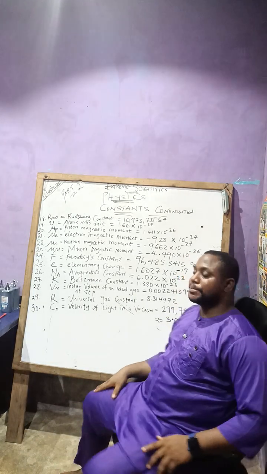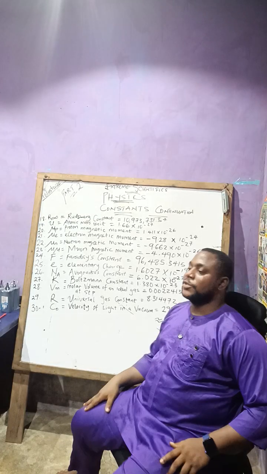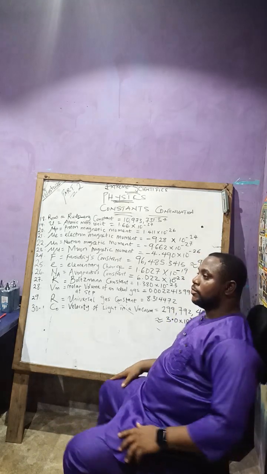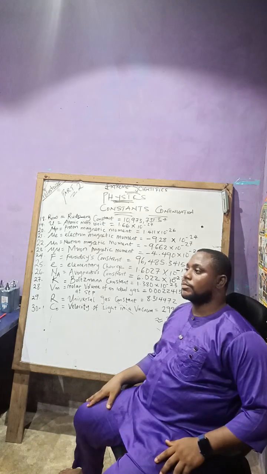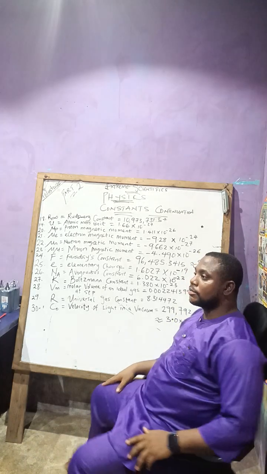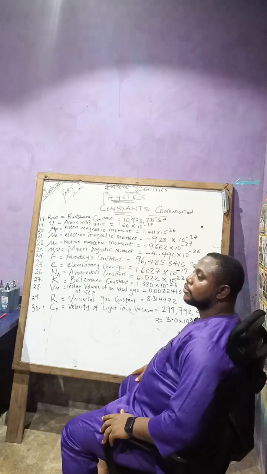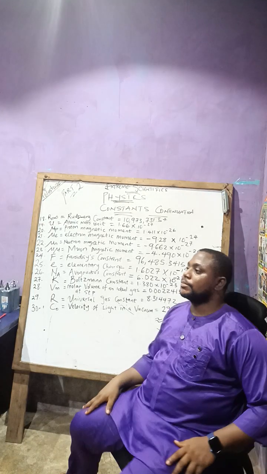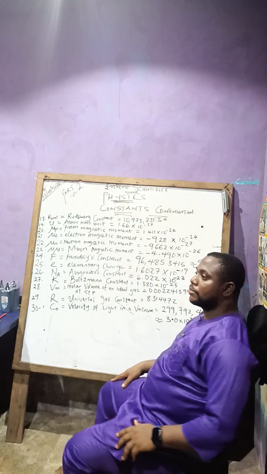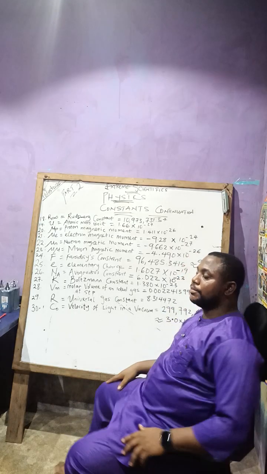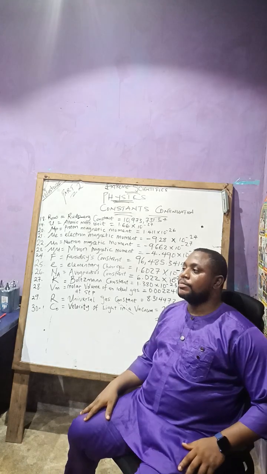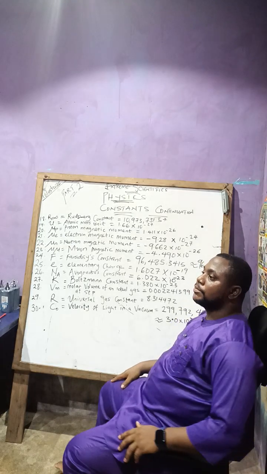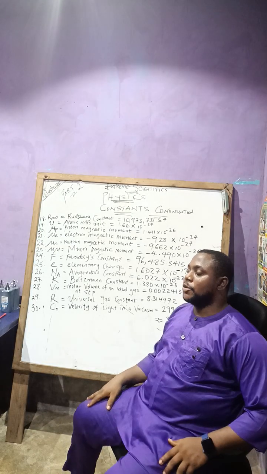Mass of the earth, 5.98 times 10 to the power 24 kilograms. MP, mass of the proton, 1.67 times 10 to the power minus 27 kilograms. ME, mass of electron, 9.109 times 10 to the power minus 31 kilograms.